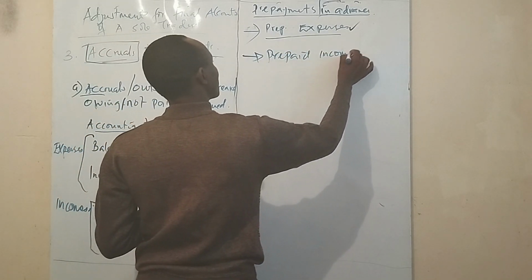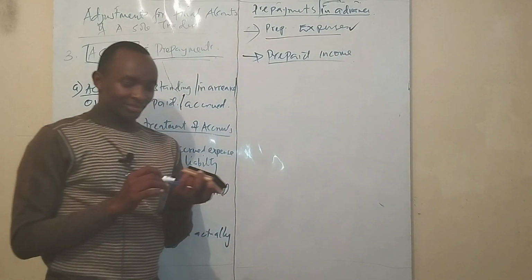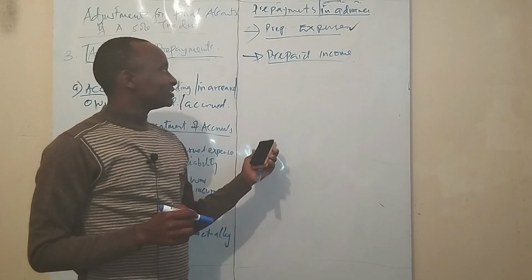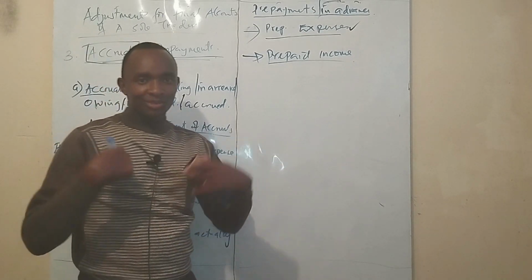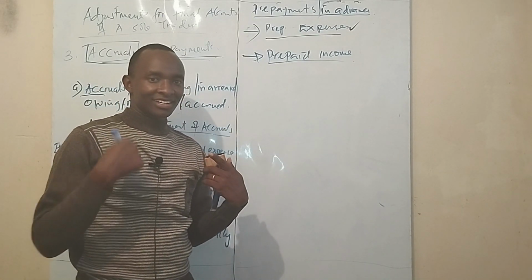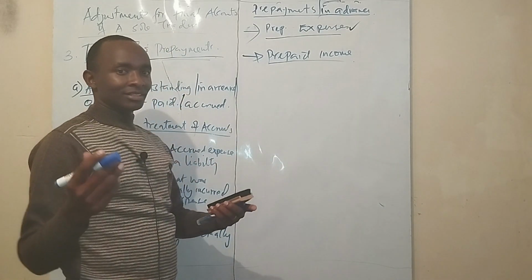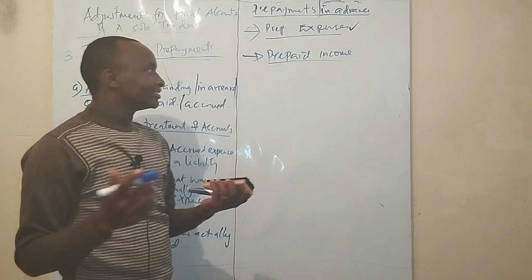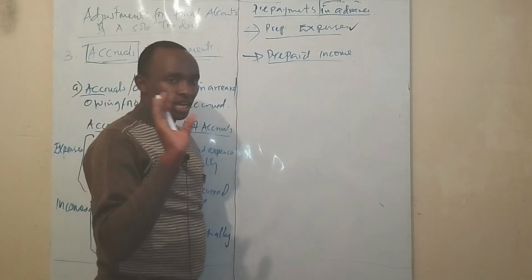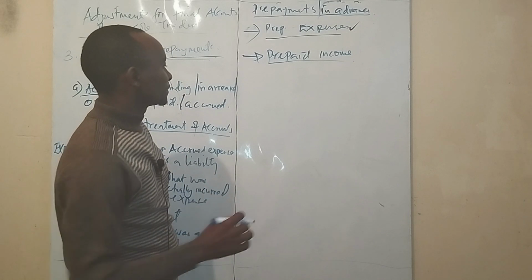So let's look at prepaid income. I know by now you understand whether this prepaid income is kitu yangu, my thing, an asset, or a liability, kitu ambacho sio changu, isn't it? So let's look at an example. I like using examples.